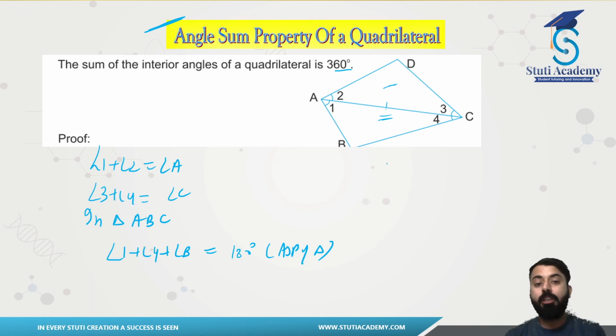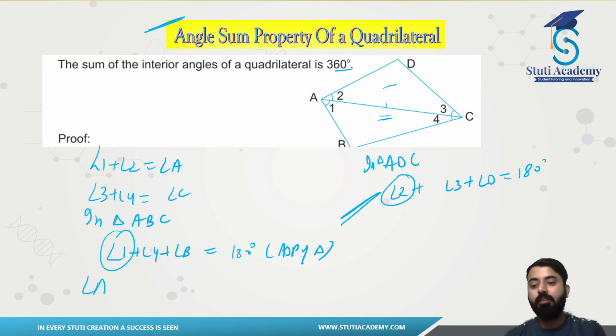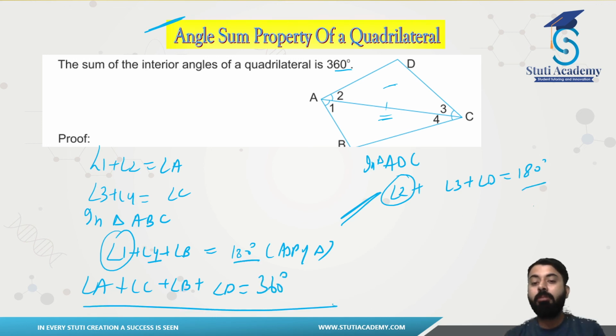Similarly, in triangle ADC, angle 2 plus angle 3 plus angle D should be 180 as well. So if you add these two, angle 1 plus angle 2 will be angle A, angle 4 plus angle 3 will be angle C, plus angle B plus angle D. 180 plus 180, that will be 360. So you guys see the sum of all four angles of a quadrilateral is always 360 degrees.